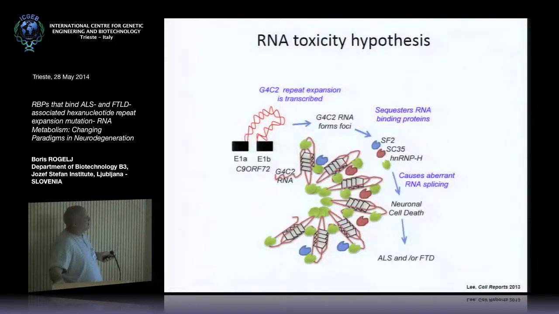It sequesters RNA-binding proteins, which leads to a decrease in their normal function, and we have either neuronal cell death, leading to ALS and FTD. Now, we have drawn here G quadruplexes binding these proteins, but that's not necessarily true, and I'll tell you one of the reasons why I think that later.